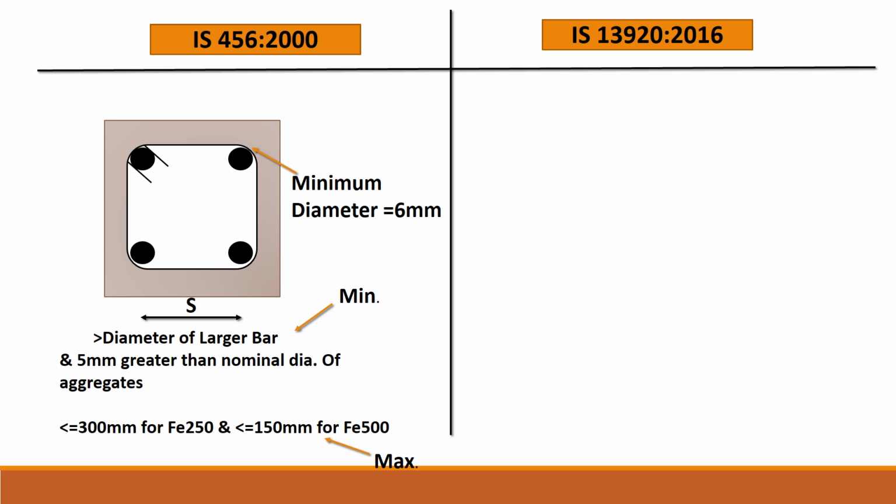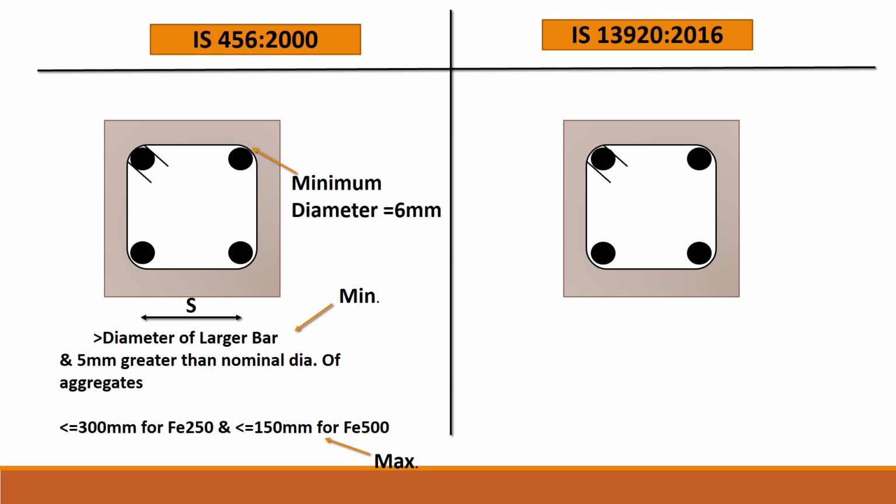In case of IS 13920, the stirrups have to be bent and a hook has to be provided at the top compression flange of the beam. Now this has to be bent at an angle of 135 degrees, and the hook anchorage in the core of the concrete is 6D, equal to 65 mm.